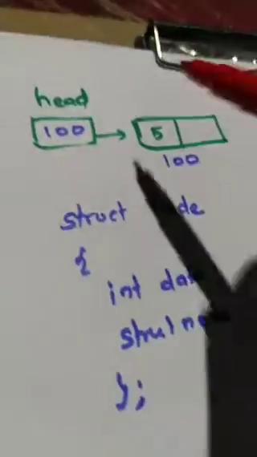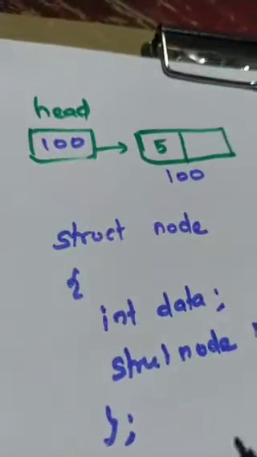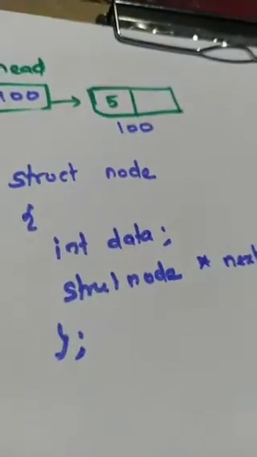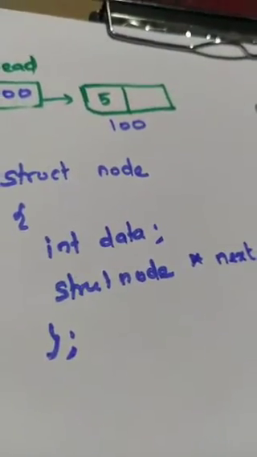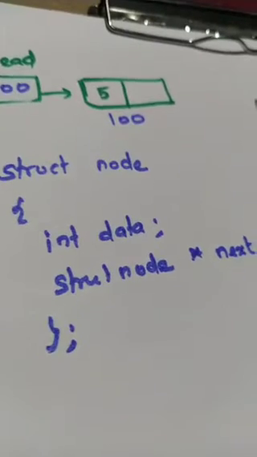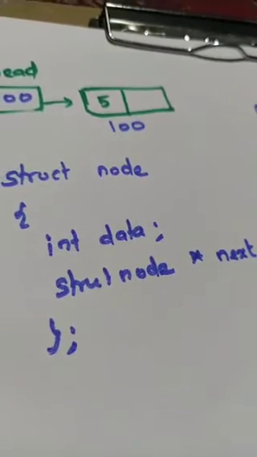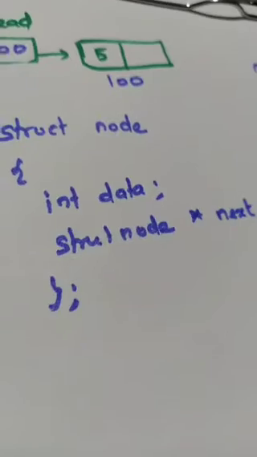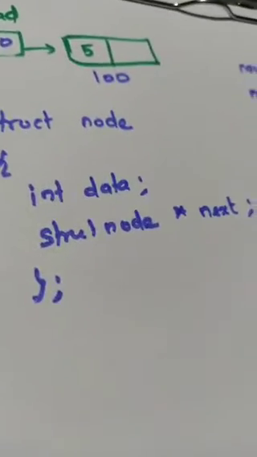Now coming to the program, what else do I need? Here I have different pointers like head and temp. The temporary pointer is used to add multiple entries to the linked list. Once we are doing the coding, you will understand the use of temp.